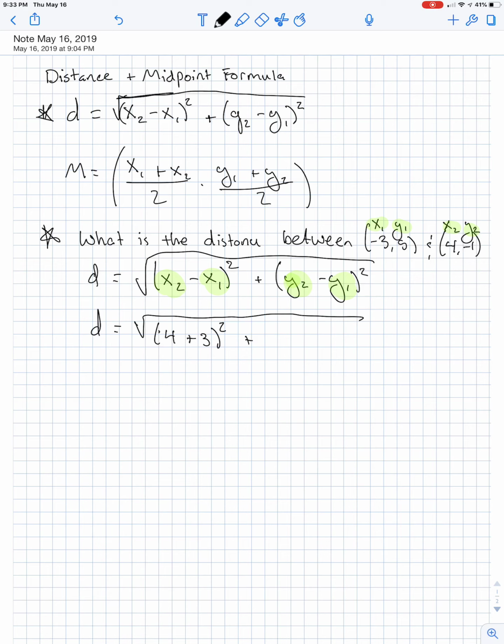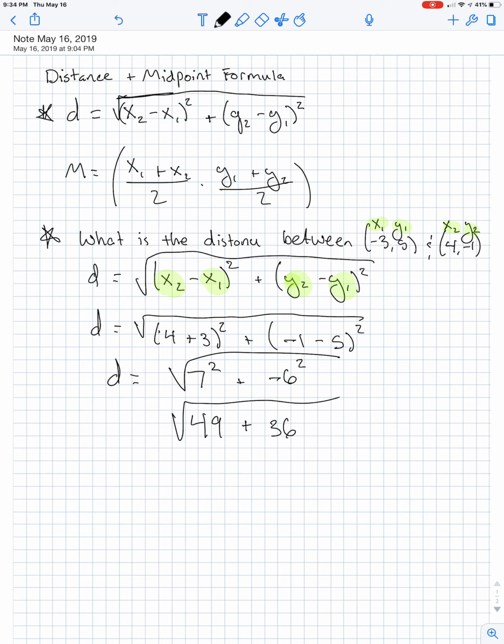So then we can plus y2, which is -1, minus a 5 parentheses squared. Okay. So now we can do 7 squared plus -6 squared, square root of all that. And then it'll be 49 plus 36, square root of that.